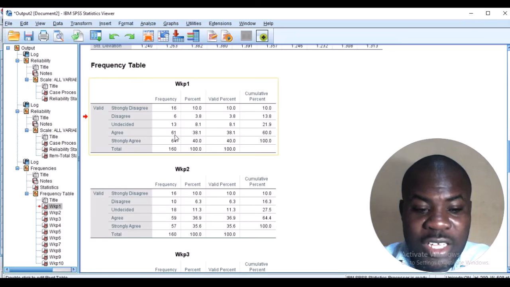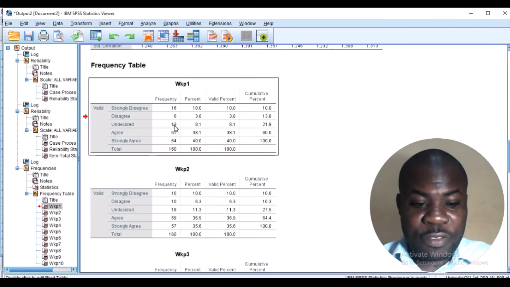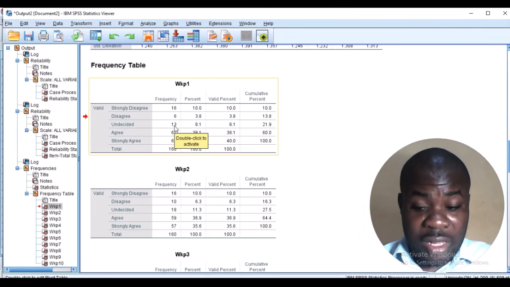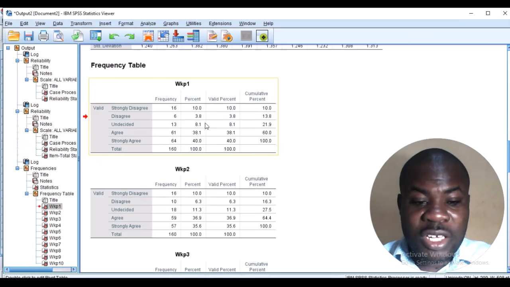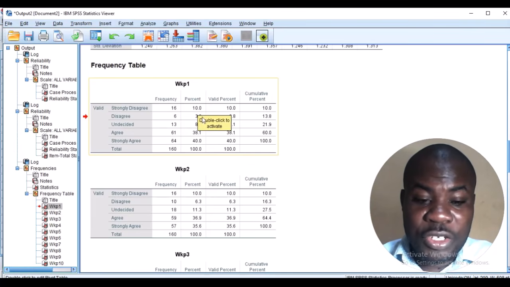Those that agreed are 61, with a percentage of 38.1. Those that are undecided are 13, with a percentage of 8.1. Those that disagreed are 6, and the percentage is 3.8. And those that strongly disagreed are 16, giving us 10.0%.